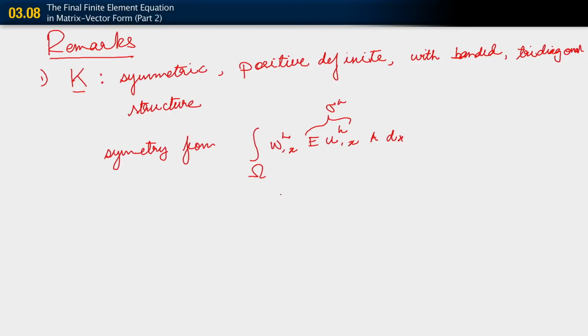So the reason this matrix is symmetric is because we have this term in the weak form, and we could very well interchange those two positions, w^h and u^h. This is what makes our final K matrix symmetric as well.